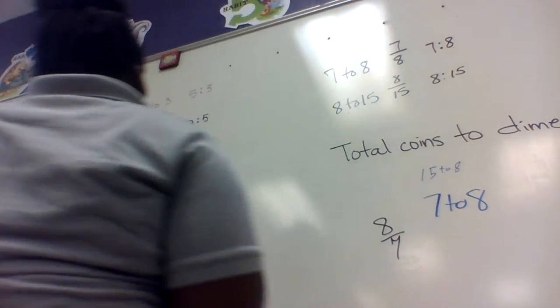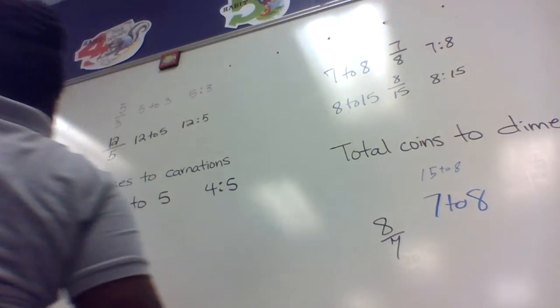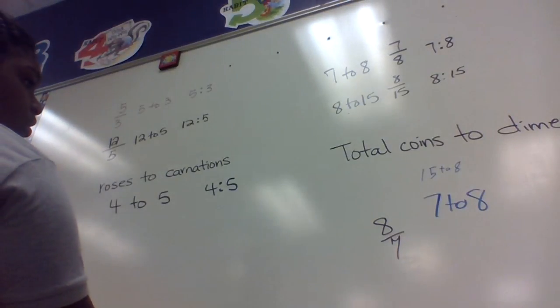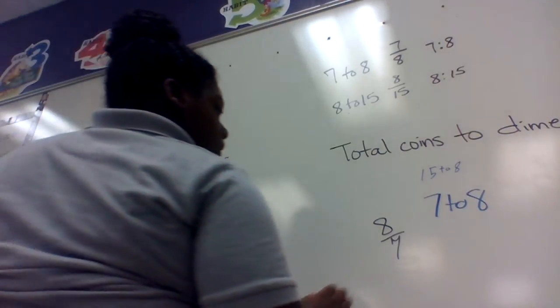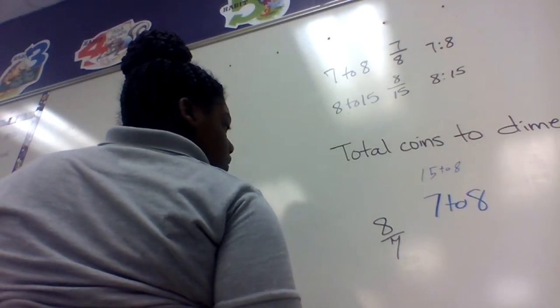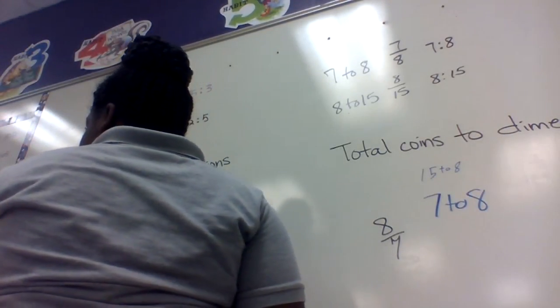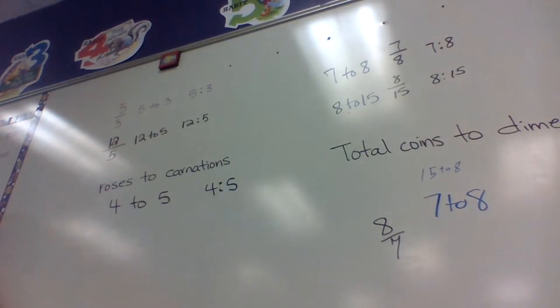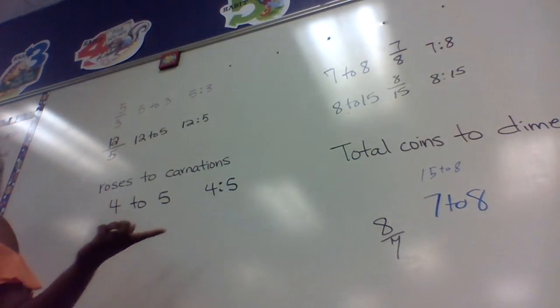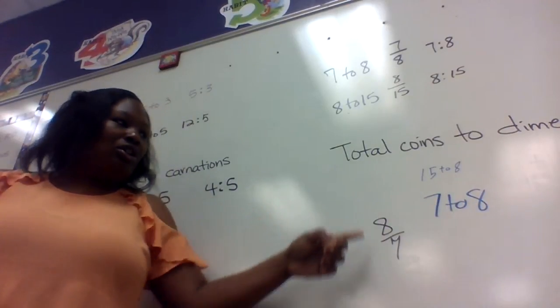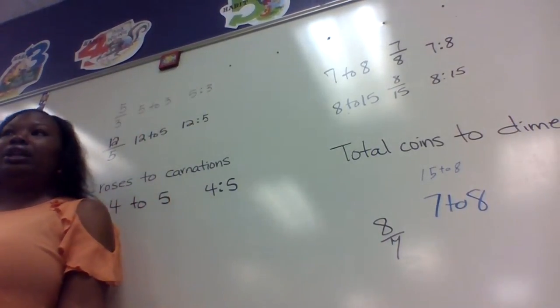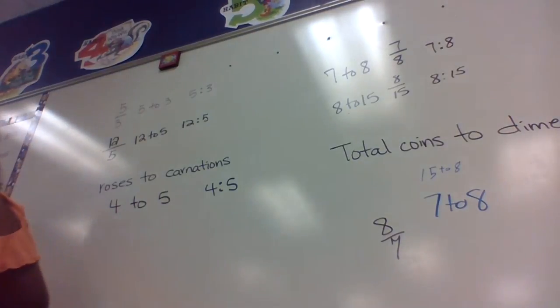Okay, now, are those ratios the same? No. The numbers are opposite. Mercedes, why are you erasing it? She did it right. Hers was quarters to dimes, and hers was dimes to quarters. They wrote them correctly.